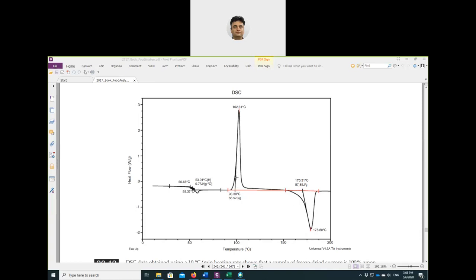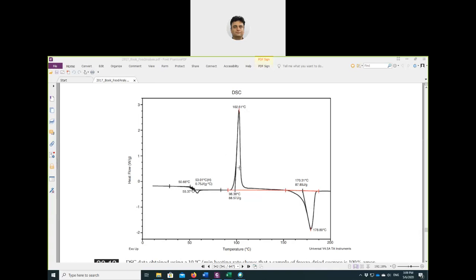In the first order pattern, it starts exactly from the same point, going up or down, and then finishes at the same point. Starting at the same point, going up, and then back to the same first level. Here also you can see going up. This is the first order transition.